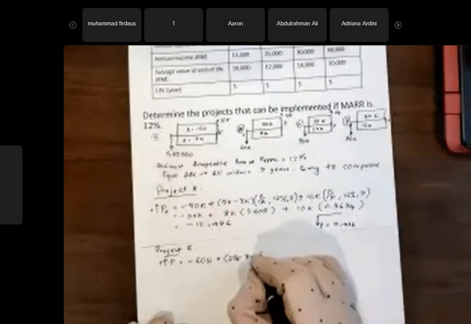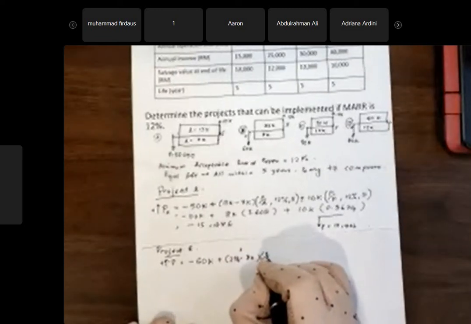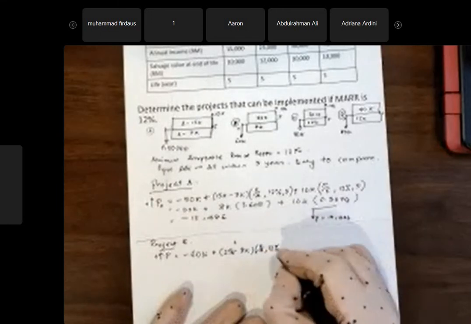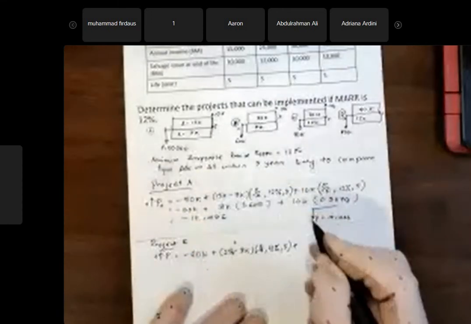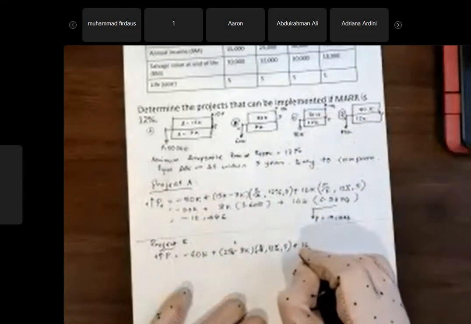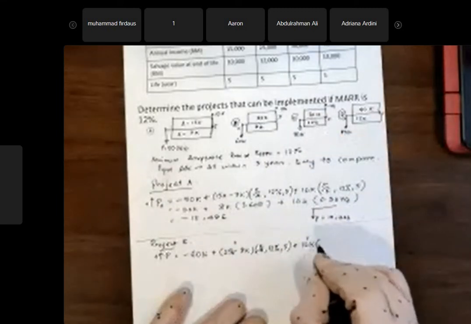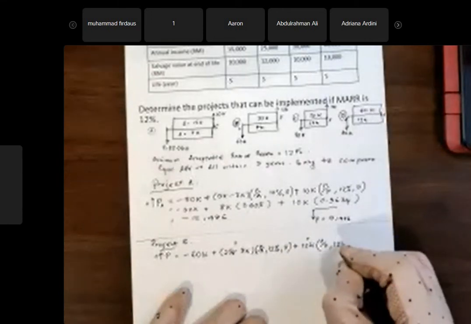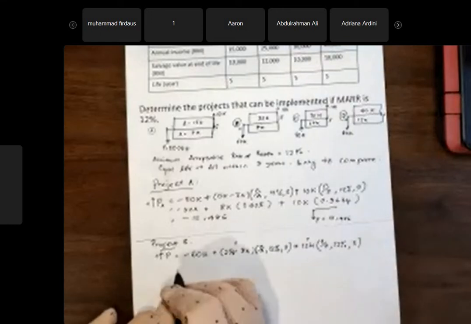This one is A, so P over A at 12% within 5 years, and then the salvage value of 12K is F, so P over F at 12%.